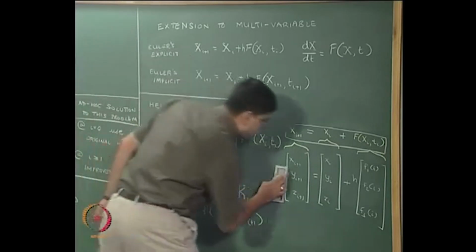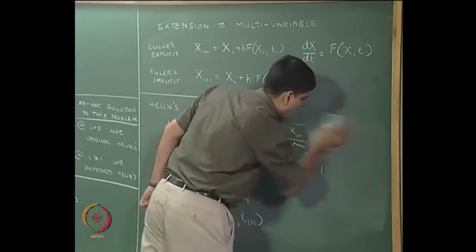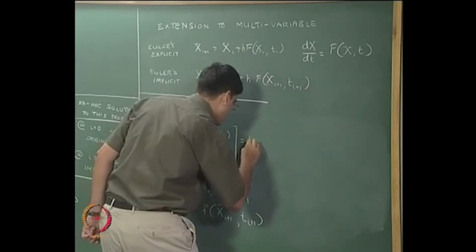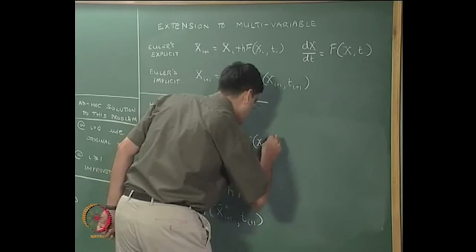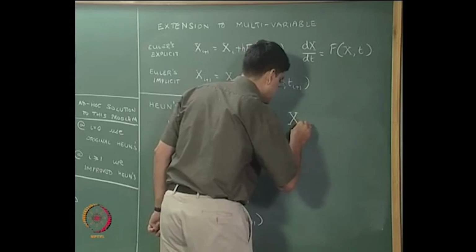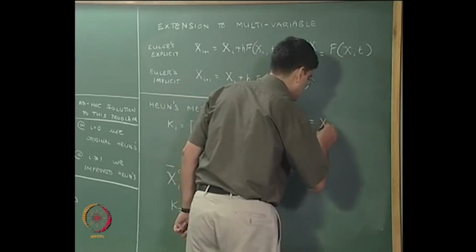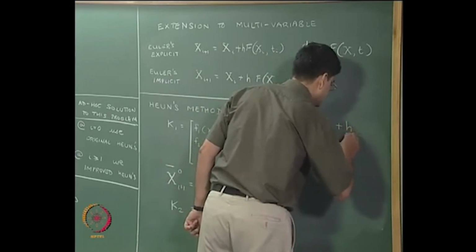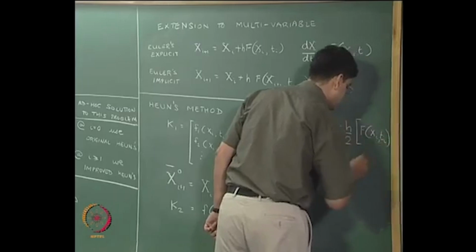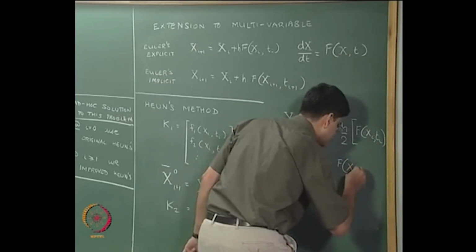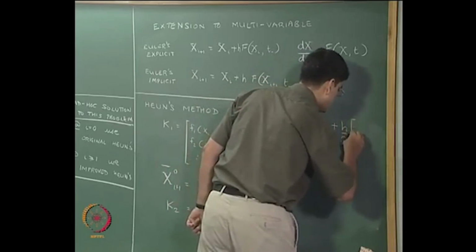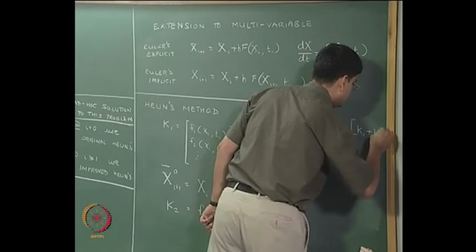And our final expression for Heun's method is going to be x i plus 1 is equal to x i plus h by 2 multiplied by F of x i comma t i plus F of x bar, or I will just write this in terms of K1 and K2, which is just h by 2 multiplied by K1 plus K2.